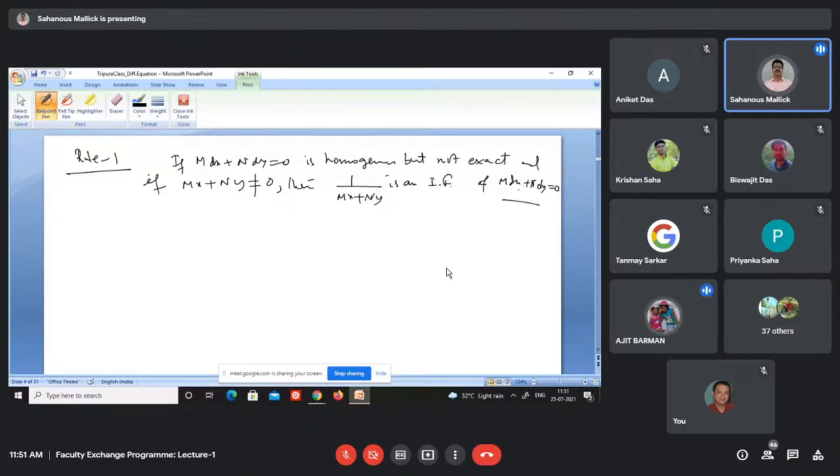The first condition is it should be homogeneous. If M dx plus N dy is homogeneous and not exact, and if Mx plus Ny is not equal to 0, then 1 by (Mx plus Ny) is an integrating factor of this equation.